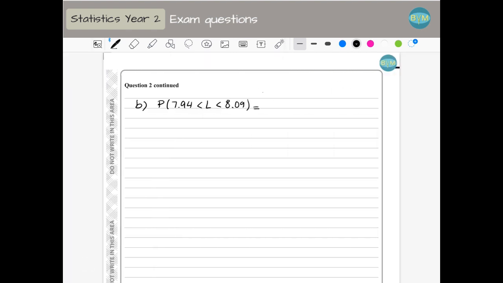We go to the calculator, cumulative normal distribution. The lower value is this one, the upper value is this one, and we get 0.849. So this is the probability.